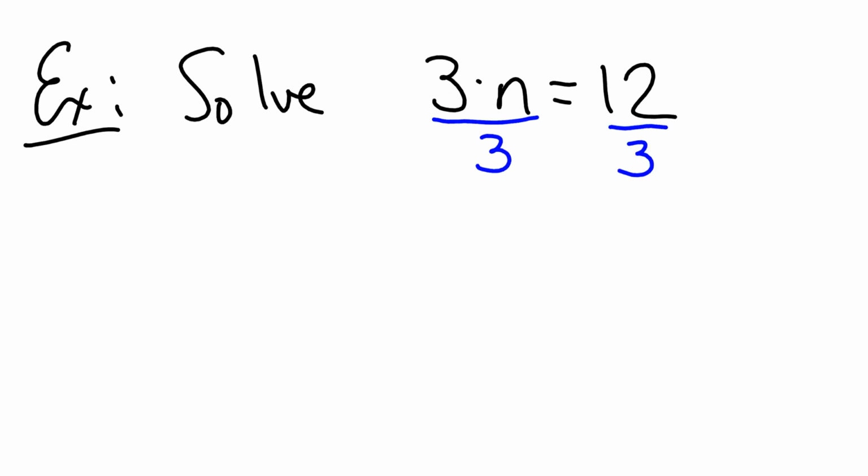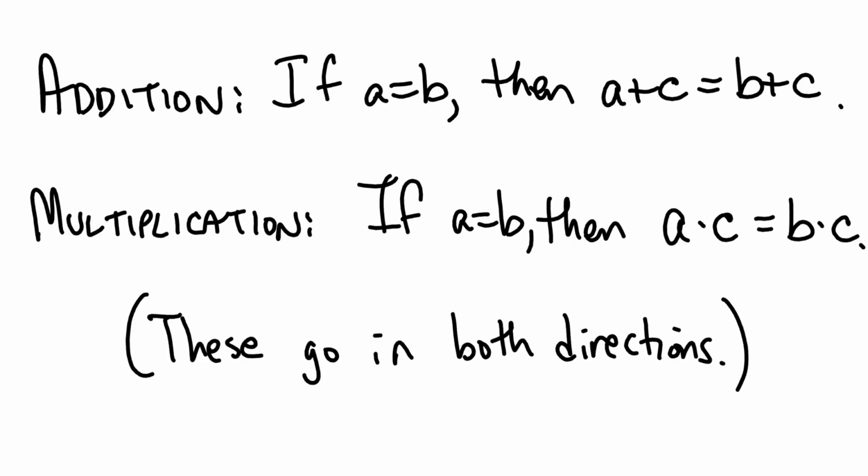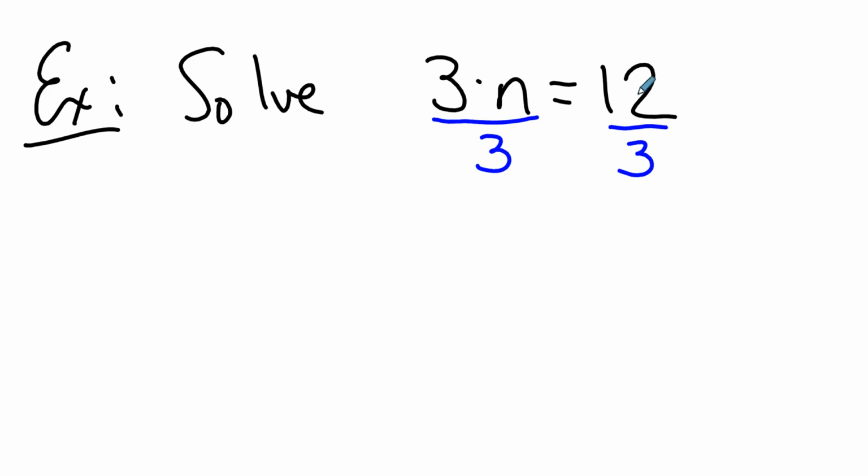Well, that works because on this slide back here, we learned that if you have these equal products, then you can conclude this over here. So 3 times n equals 3 times 4, divide by 3, n equals 4.